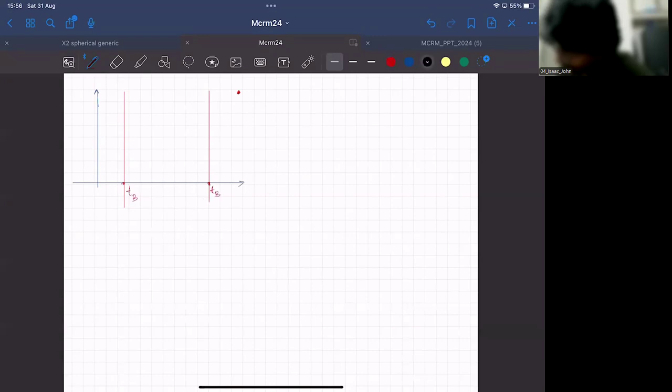And let this be the final position, XF, and the initial position, XI. This would be the final time, TF, and this would be the initial time, TI.